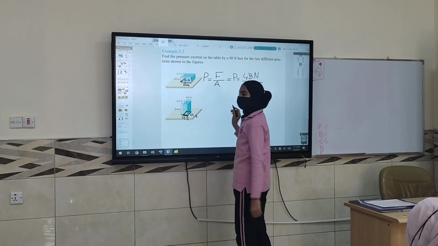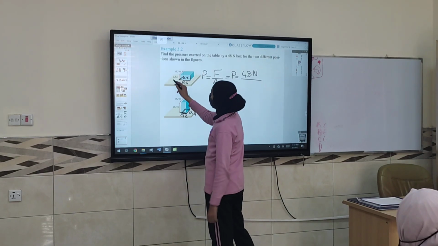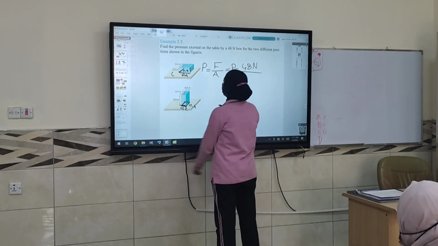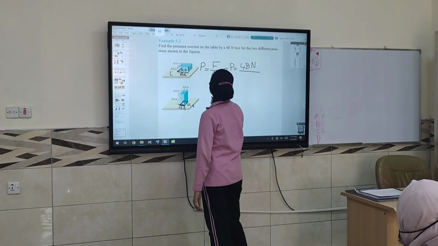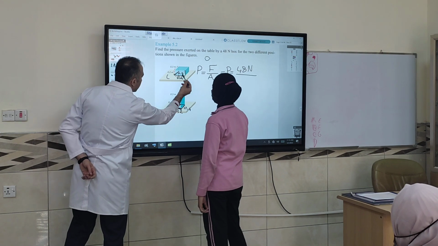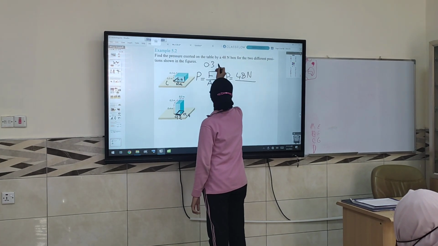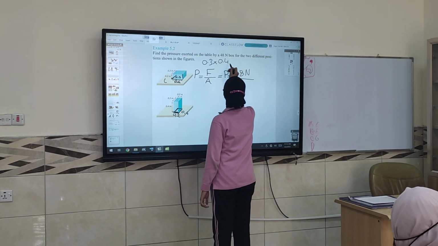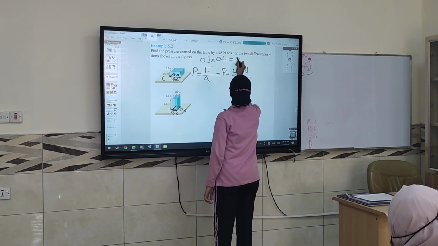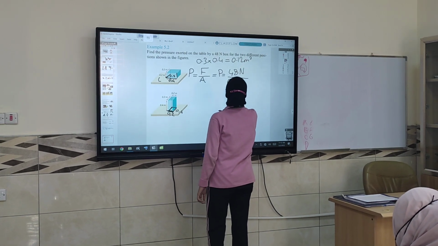Also, we can say this is a gravitational force. And the area is length times width. Yes. And 0.2 times 0.3. No. As I write here, 0.3, 0.4. 0.3 times 0.4 equals 0.12 meter square. Well done.